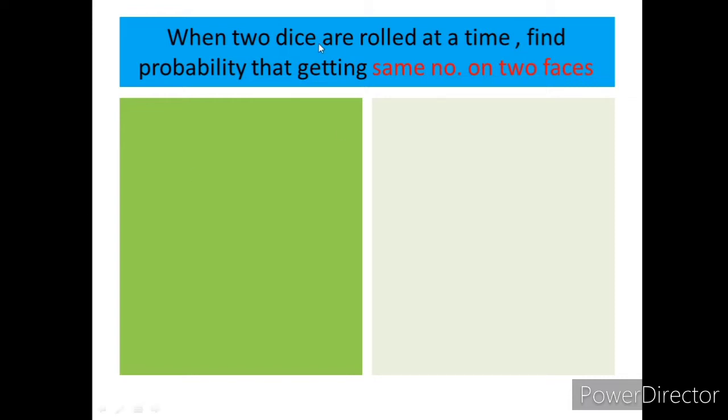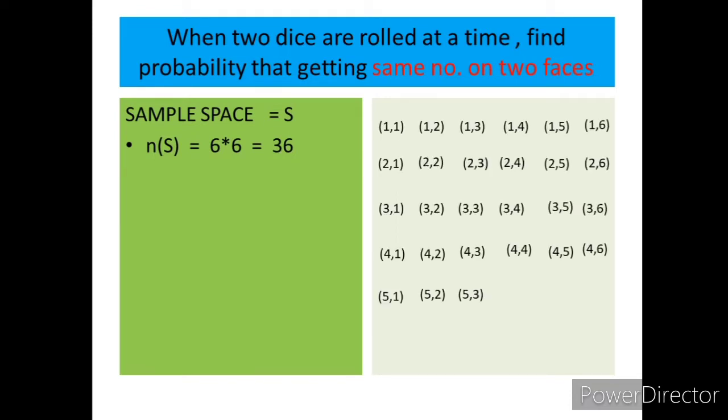So you have to write down the sample space and n(S) for this event. Sample space is S, n(S) is equal to 6 into 6, that is equal to 36. Now you have to write down the sample space which has 36 outcomes.